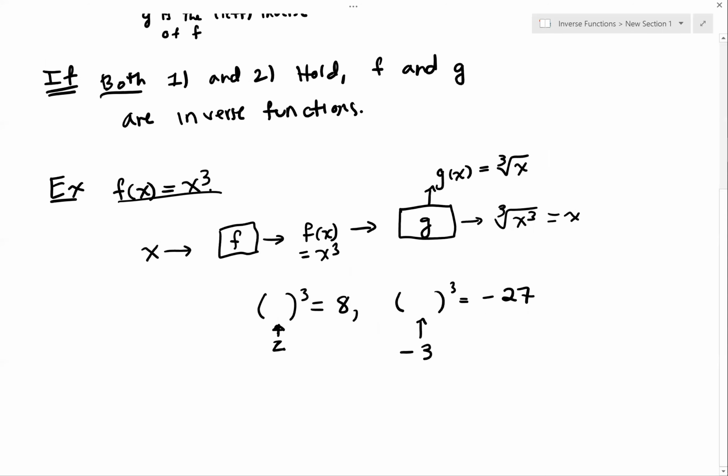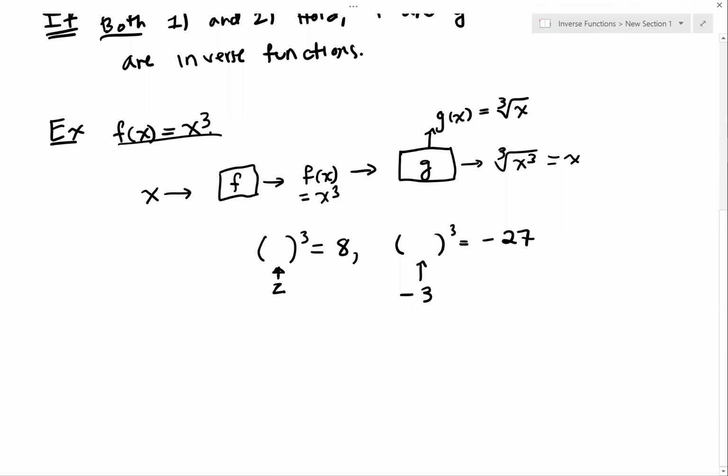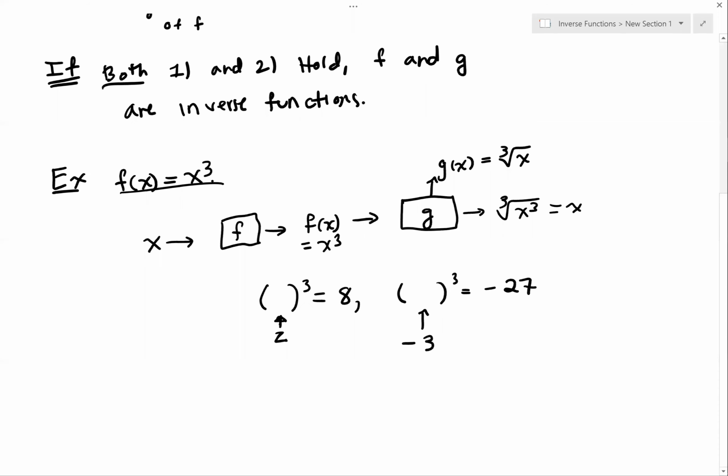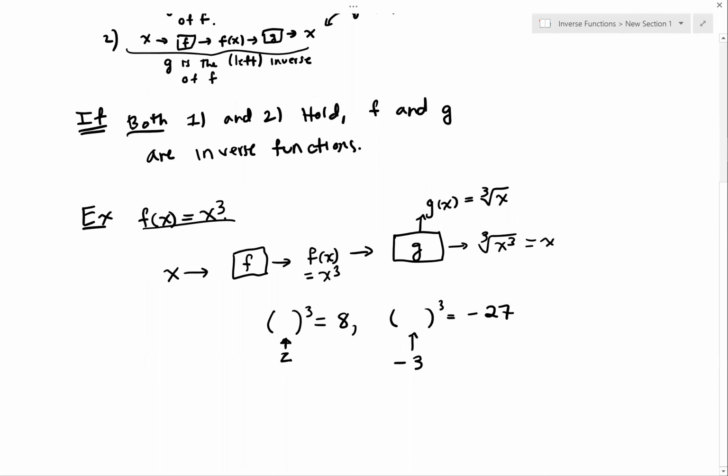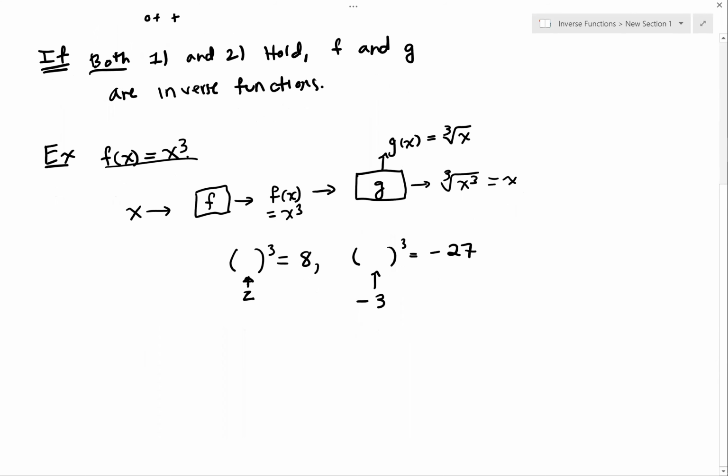That's an example for another time. But the whole point here is that there's a way to undo what f did. So if you feed something through this machine or function that we call f, and you see what the output was, you could unbake or unravel what f did to go back to what you started with. I'm probably repeating myself a lot, but that's the whole point of an inverse function.